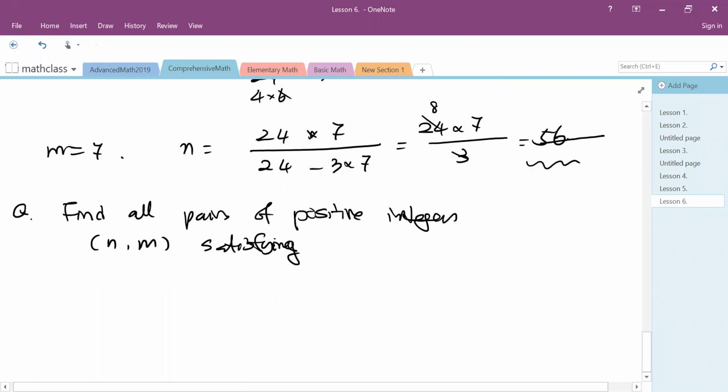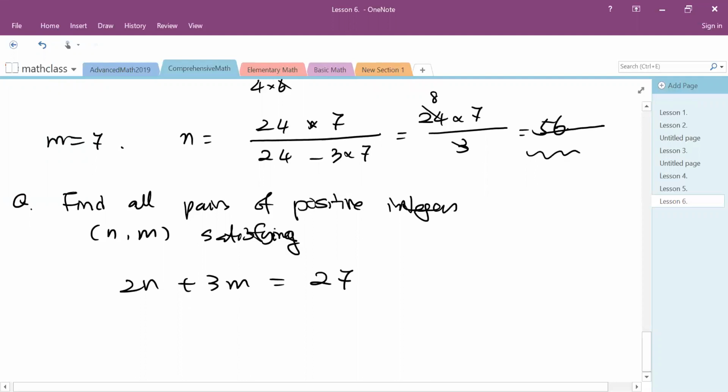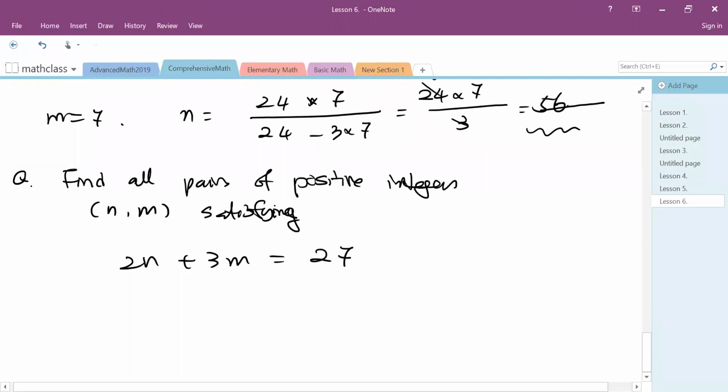So for example, the equation 2n plus 3m equals 27, something like that. If you have equations, maybe you can find a solution, maybe you cannot, right? So let's see how many solutions you can get.